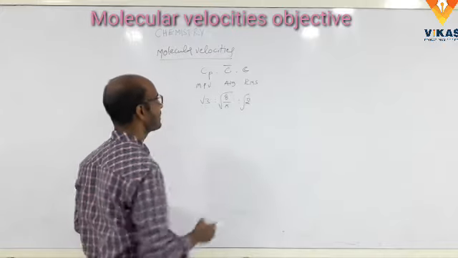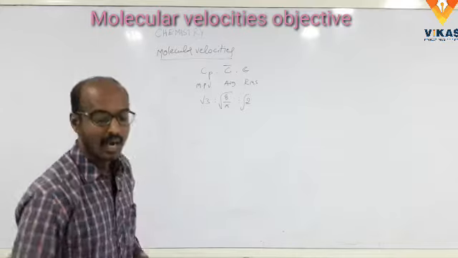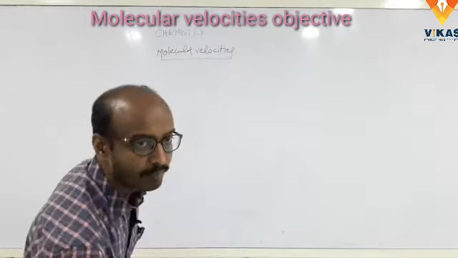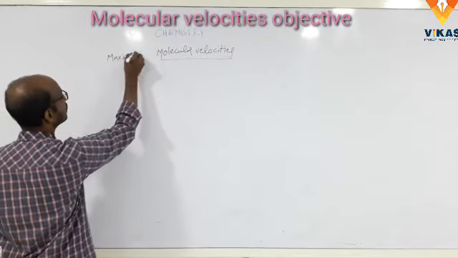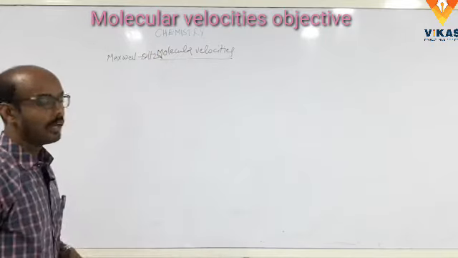In the last class I discussed the total definitions and the relations between the molecular velocities, and also the Maxwell-Boltzmann distribution curve.